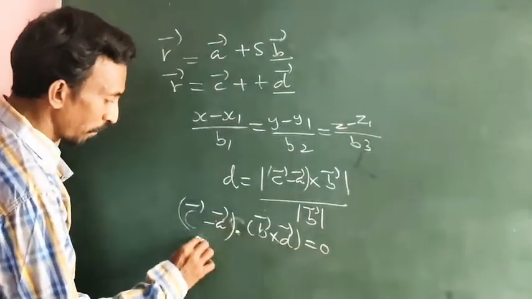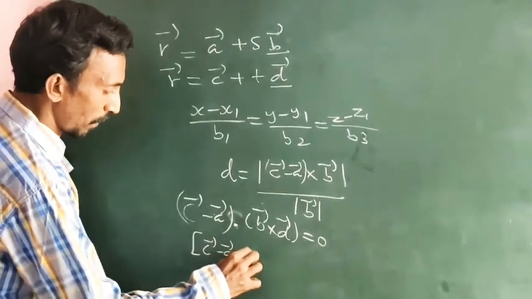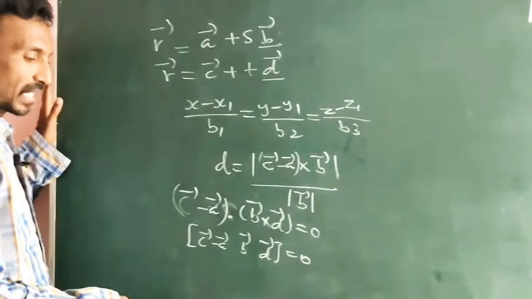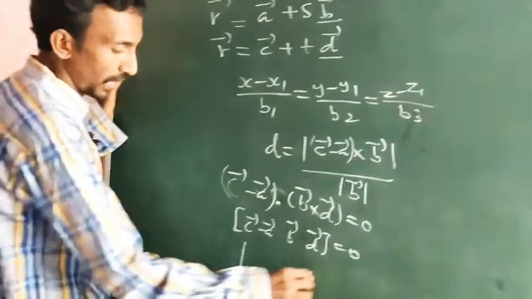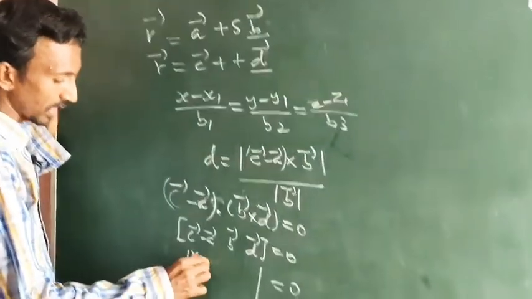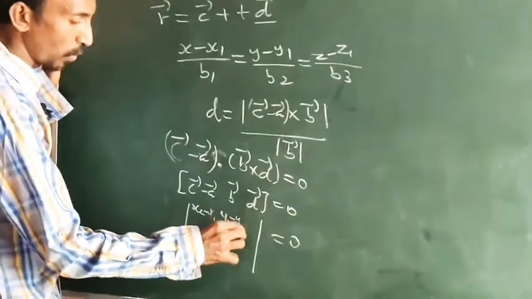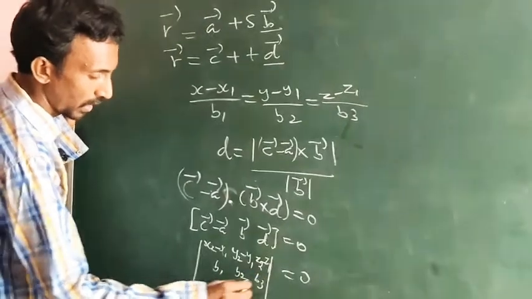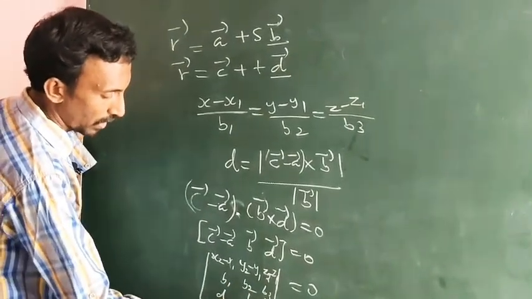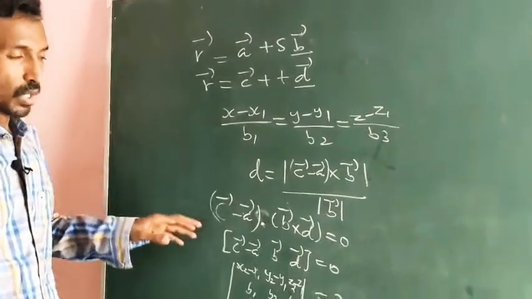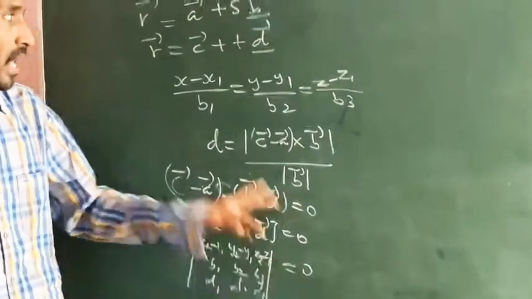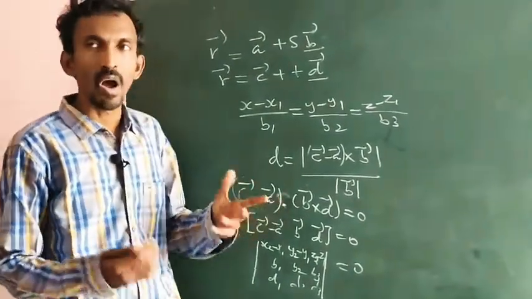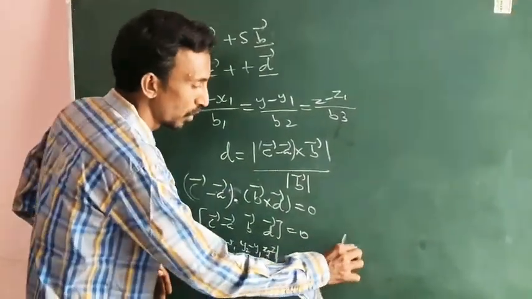It is nothing but the box product c minus a, b, d equal to 0, or we can write it directly in determinant form: the determinant with rows x2 minus x1, y2 minus y1, z2 minus z1; b1, b2, b3; d1, d2, d3 equal to 0. If this condition is satisfied, the given two lines are intersecting. Intersecting means obviously the distance d is 0.